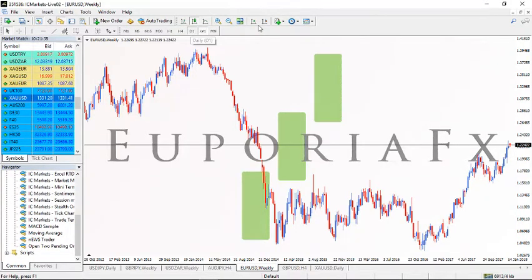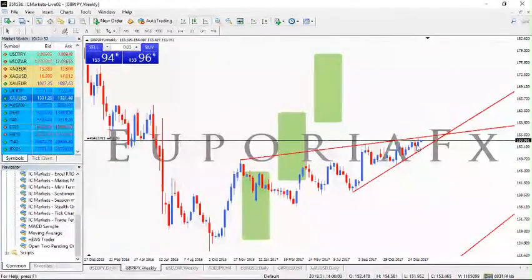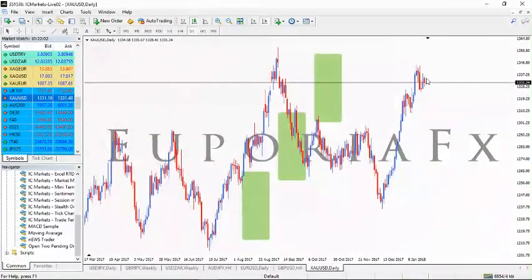Against the pound, the dollar was weak, but I guess on average the pound is the one that was strong. If you look at gold, you see that the dollar was strong here, right? So we can already conclude that the dollar was not strongly affected by what happened over the weekend, which is the US shutdown.